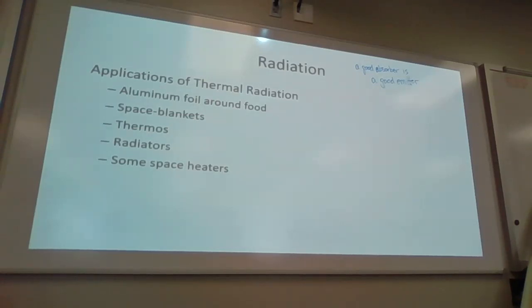It reflects the radiant energy back into the food, but itself cools off pretty fast. If you've ever seen space blankets, the things they wrap marathon runners in, they look like plastic foil. Radiators, like the grill in front of your car, are dull and black. It has to emit a bunch of radiant energy.